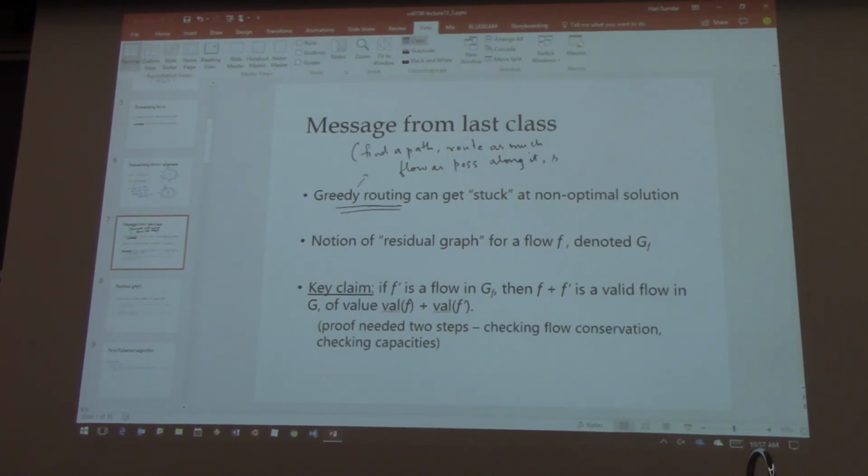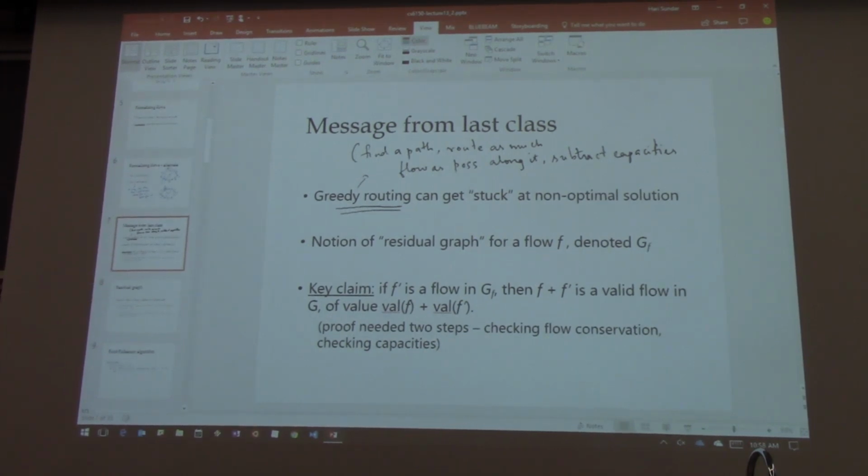Subtract capacities. So for every edge on that path, you subtract off how much flow you've already sent. That's the remaining capacity, and then you try again. And you repeat.